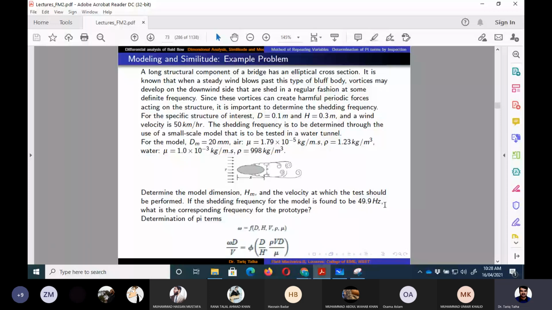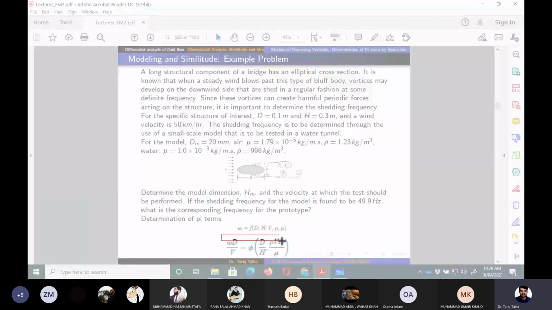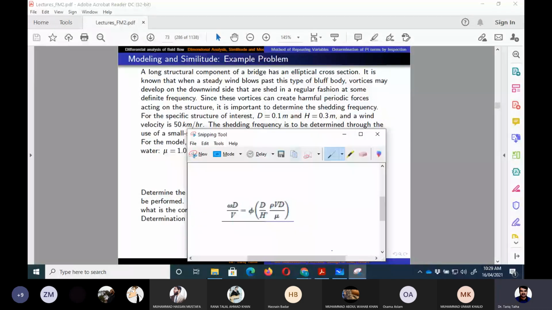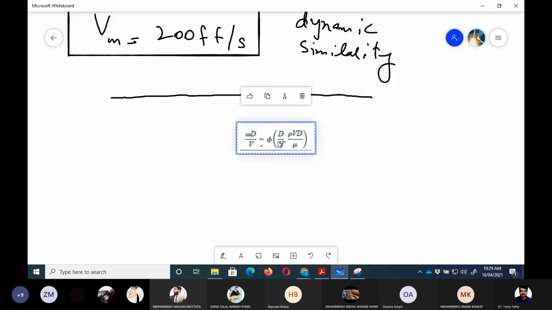So first of all, let me see that I can write it there on the whiteboard, and then we can take it from there. Now let me write it again, because this is only written for the actual systems.